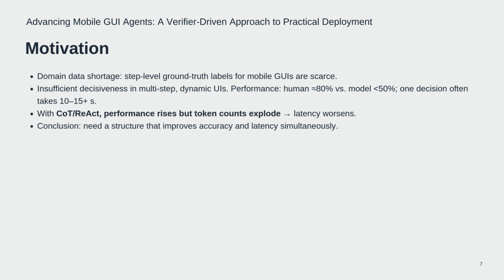Also, CoT and ReAct could further increase accuracy, but they would cause a token explosion, which would worsen latency. Finally, we need to add structure that improves accuracy and latency simultaneously.